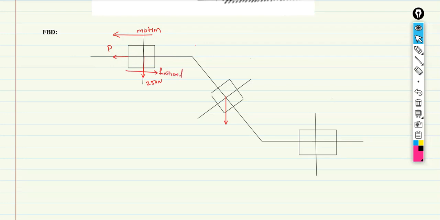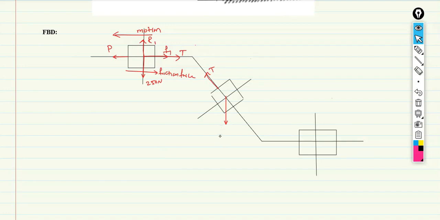That is F1. Similarly, the normal reaction R1 is also acting on it. Between these two pulleys we have tension T, because it is a string attached to two bodies. That's why we have tension T.